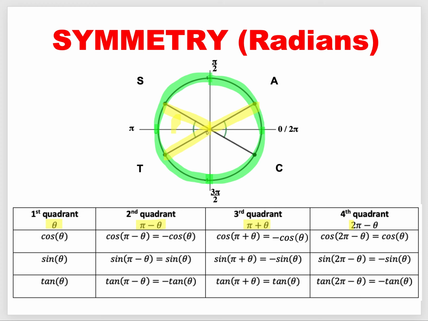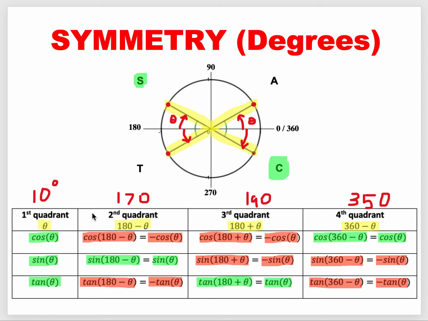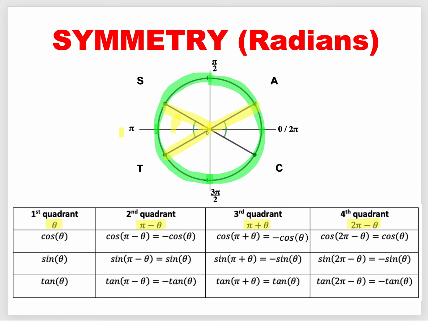And in the fourth quadrant, if we're in radians, instead of doing 360 minus theta, you'll do 2 pi minus theta. But the whole behavior of positives and negatives is exactly the same as in the previous slide. The only thing that's really changed is instead of using 180 and 360 to help refer to angles, we're now using pi and 2 pi.